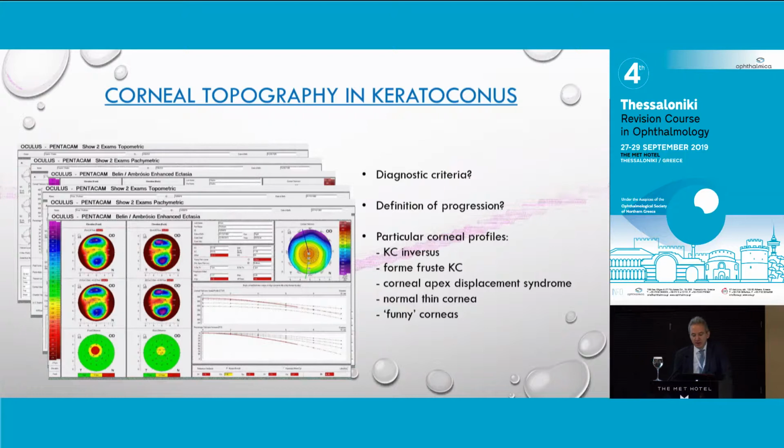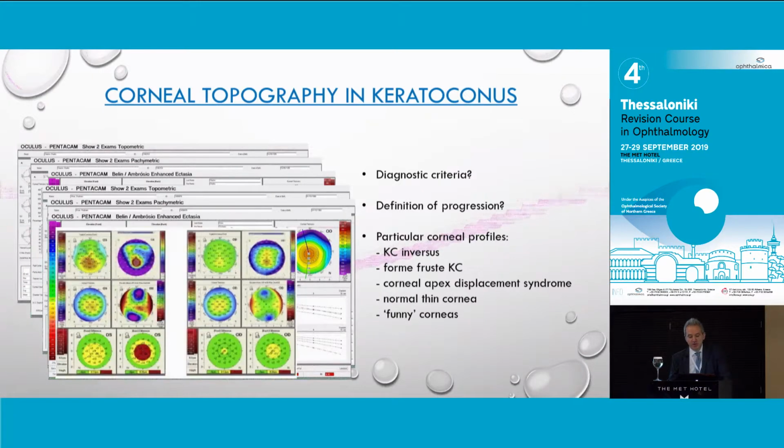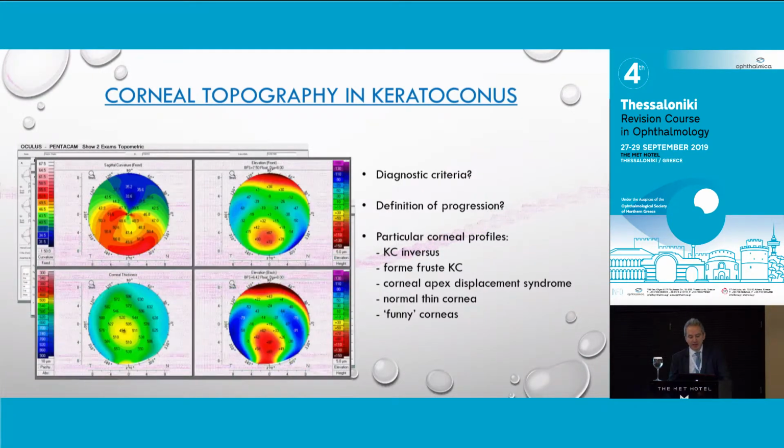Or we have some tricky corneal entities, such as corneal apex displacement syndrome or normal thin cornea or funny corneas, where the diagnosis is not so clear. And this is a case of pellucid marginal degeneration, where sometimes the borders between PMD, pellucid marginal degeneration, and keratoconus are not very clear. And then we talk about pseudo-pellucid marginal degeneration, for example.